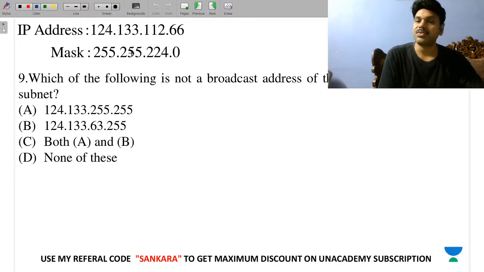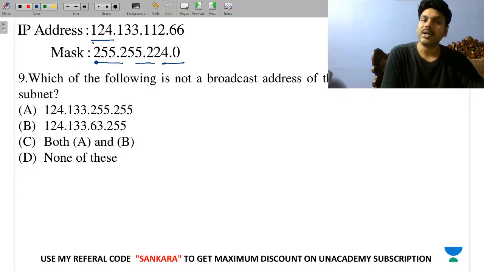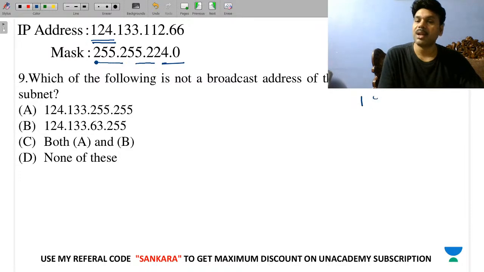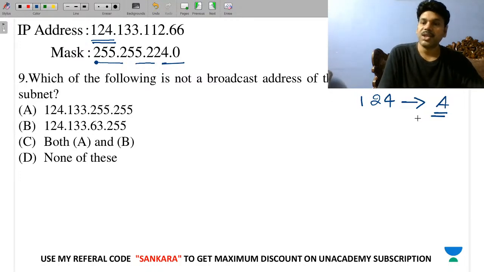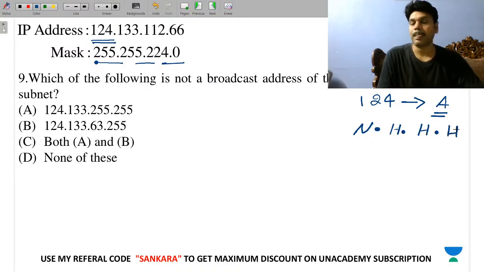Now let us see. This is also a classful mask because the mask is mentioned like this. And you see 124. Now we need to decide the class. 124 belongs to class A. Now you see, my dear friends, when you talk about A, the concept is N and triple H formation.